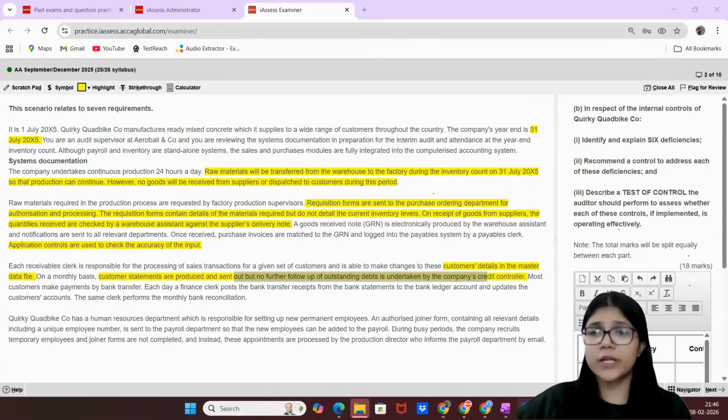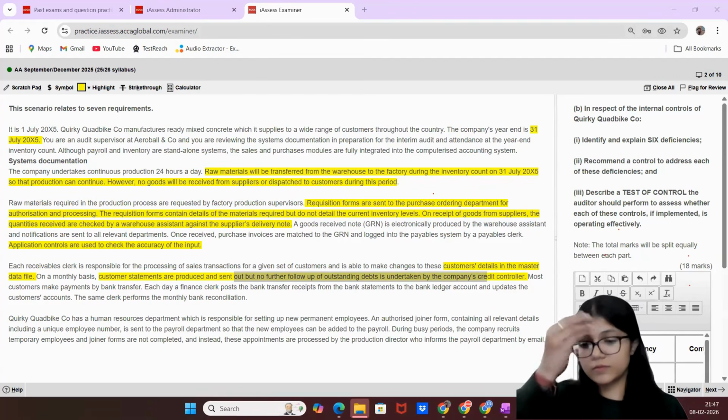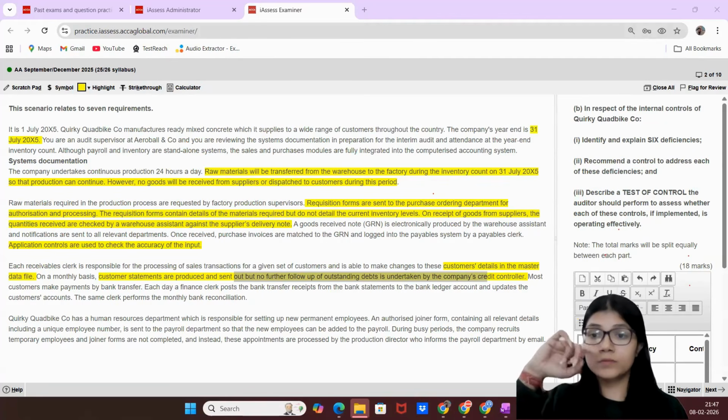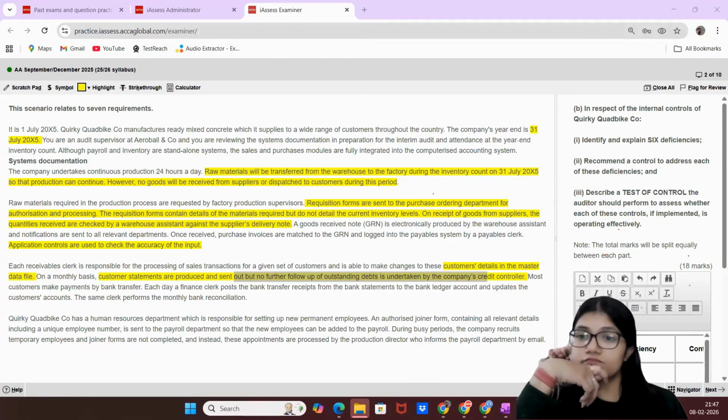If you have any change in credit status of the customers, then it will lead to errors. And what would be the test of controls for this one? Quickly, let's cover that also. Review aged receivables and follow-ups.